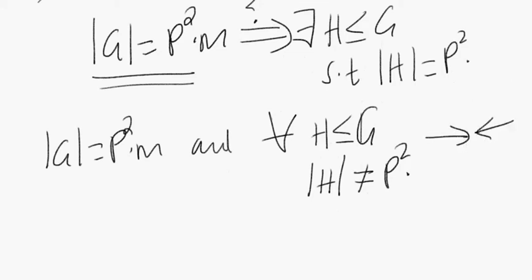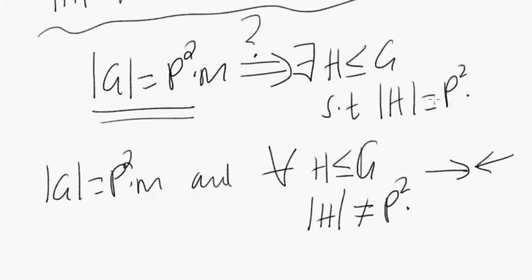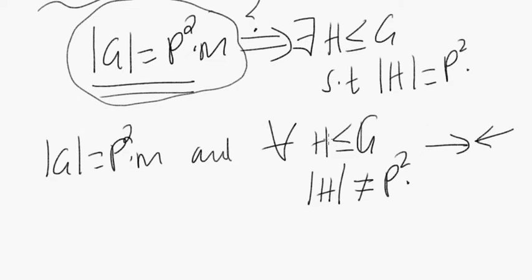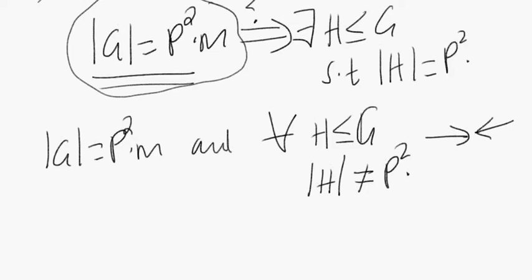Because if we can obtain a contradiction, doesn't that mean that if the order of G equals p squared times m, it must also be true that there exists some H for which the order of H equals p squared? One of the challenges here is finding a contradiction. Just what does it mean to say the order of H is not p squared?